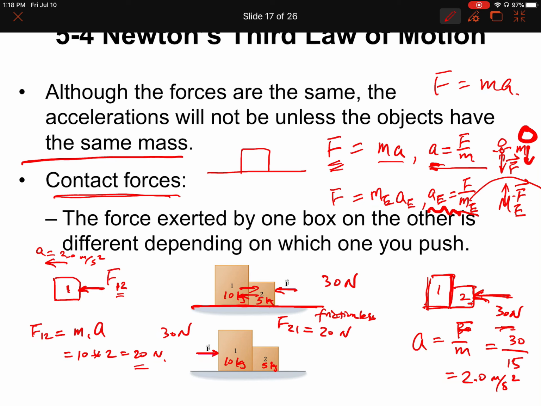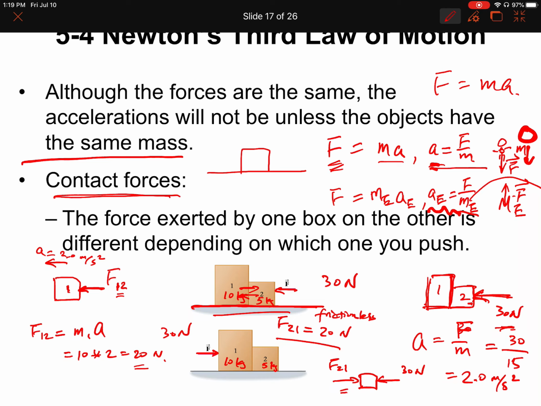Okay, and we can check what happened to box 2. Box 2 is here. How many forces are on this box 2? In this example, we have two forces. This is 30 Newton, and this is F21 from 1 on 2.